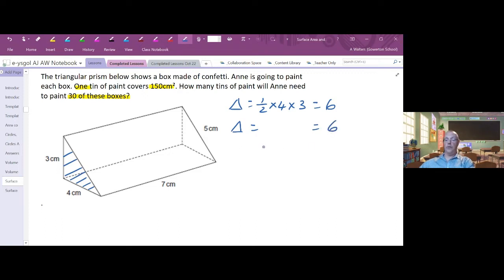Now, what we do next, it's difficult to draw on here and say 1, 2 or 3 for the sides or A, B or C because it's like a see-through shape. So what I'm going to do here is I'm going to call it the sloping rectangle. The sloping rectangle is 7 across by 5 down.